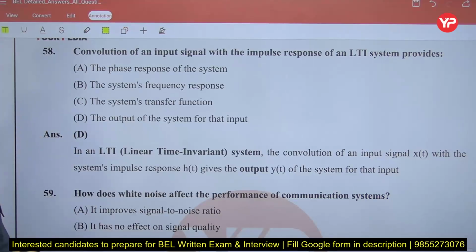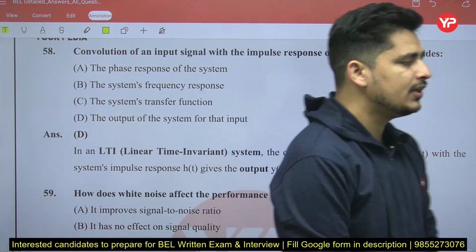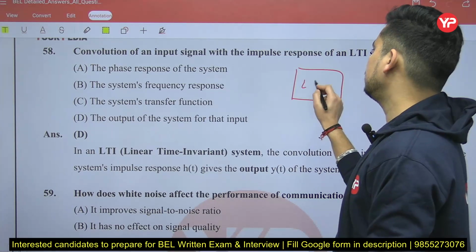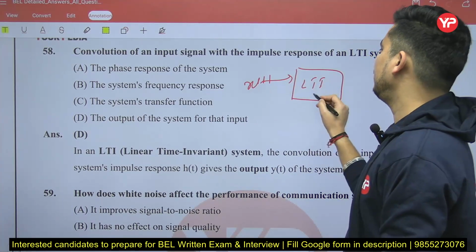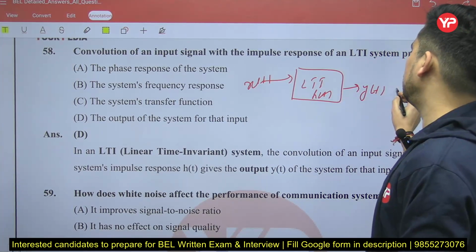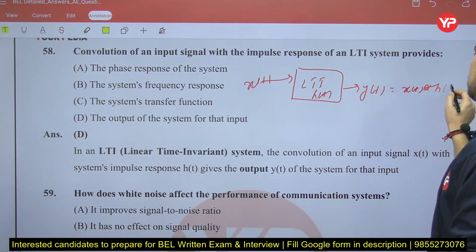Convolution is of an input signal with the impulse response of an LTI. See, basically if you have an LTI system, we have an input x(t) and you have impulse response h(t). So basically the output y(t) is always equal to x(t) convolution with h(t).